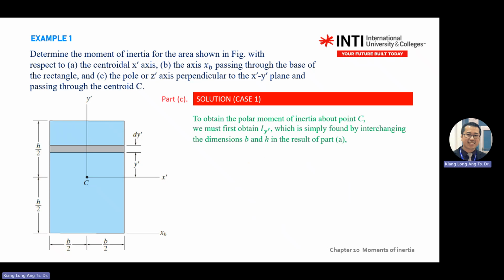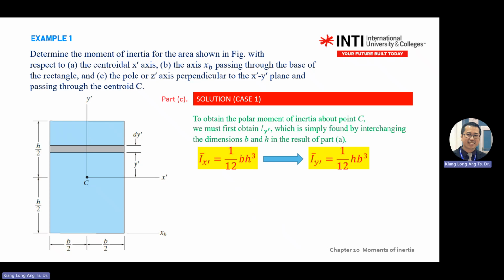The axis comes out from the screen. Because it's a z-axis, we integrate both parts. To obtain the polar moment of inertia about point C, we modify Ix prime to Y prime.